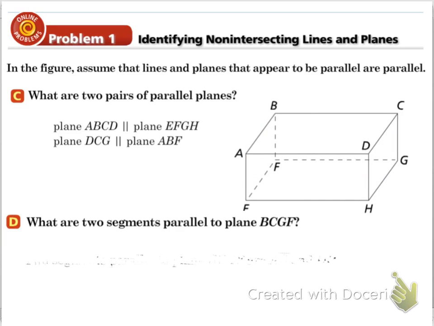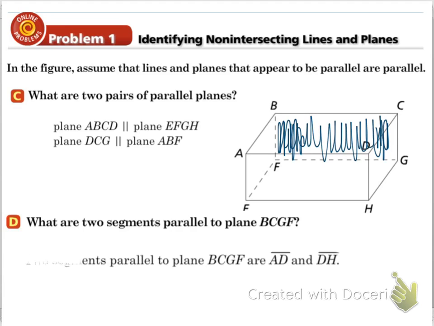Now we're looking at something that's a little bit different. It says, what are two segments parallel to the plane BCGF? So we're looking at lines that are parallel to the plane. So if we look at BCGF, this is in the back part of the box. Picture it being at the very back. And so what it's saying here is the two segments that are parallel to it are AD, so this is the front edge right here, and DH.